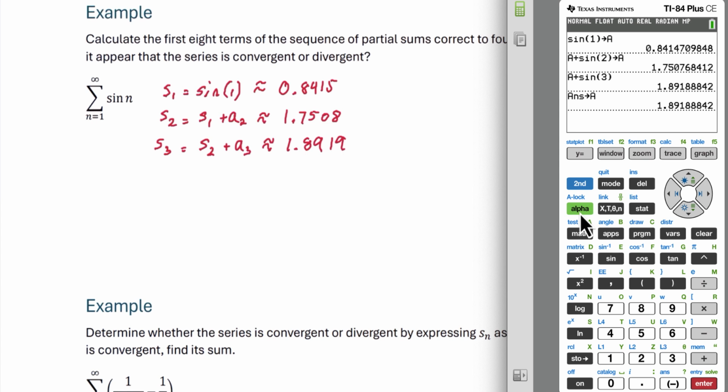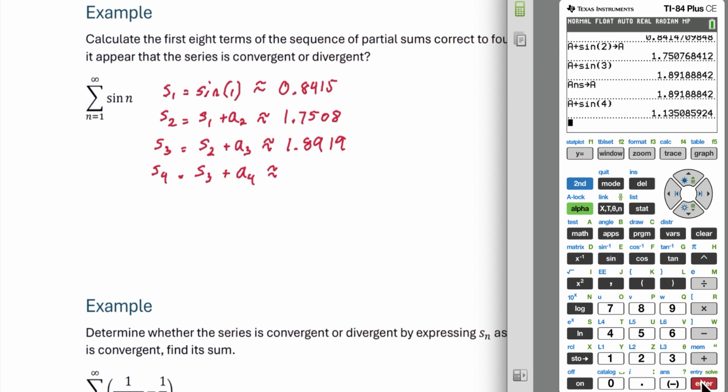So pulling up the next one, S4 is the previous sum plus A4. Alpha A plus sine of 4. We get 1.1351. S5 is S4 plus A5.